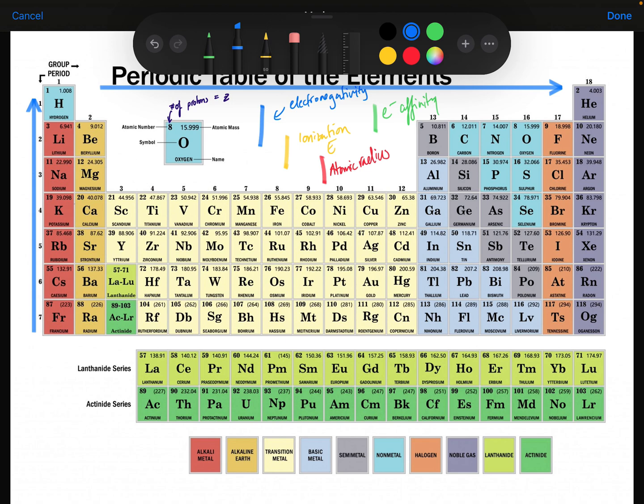They have essentially zero electronegativity, so they're not really part of it. Fluorine is going to be our highest electronegative atom. Electron affinity is exactly the same: it goes up and to the right.